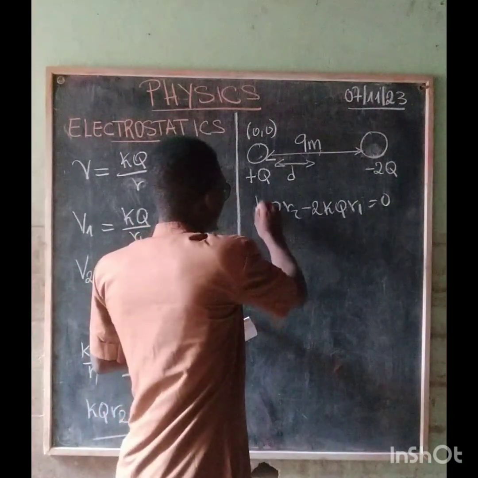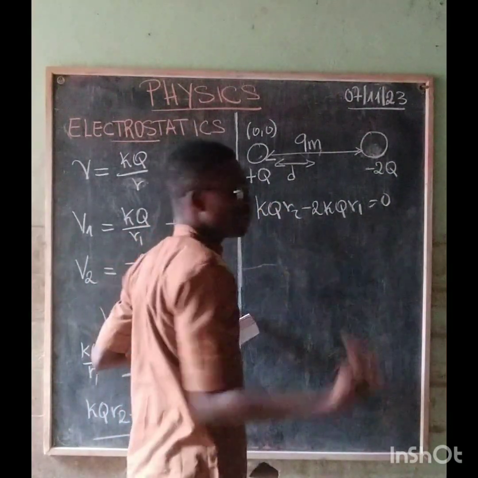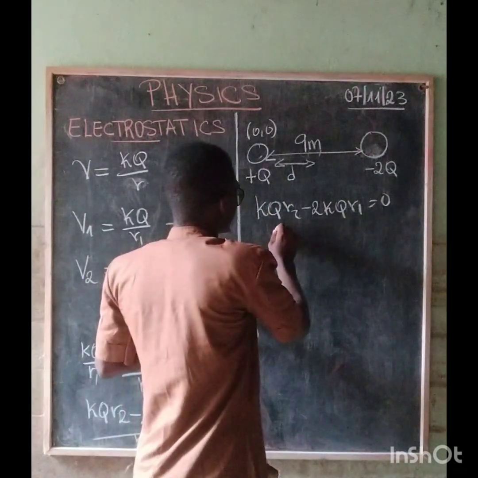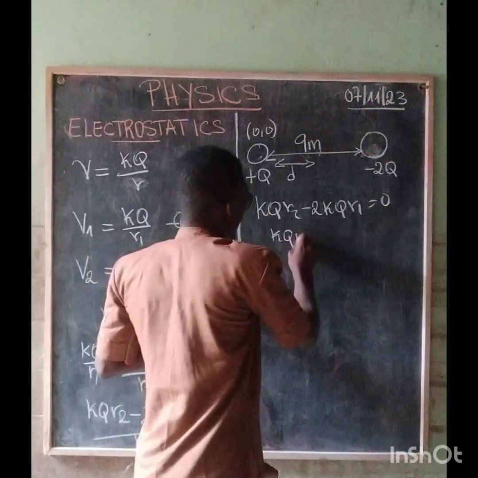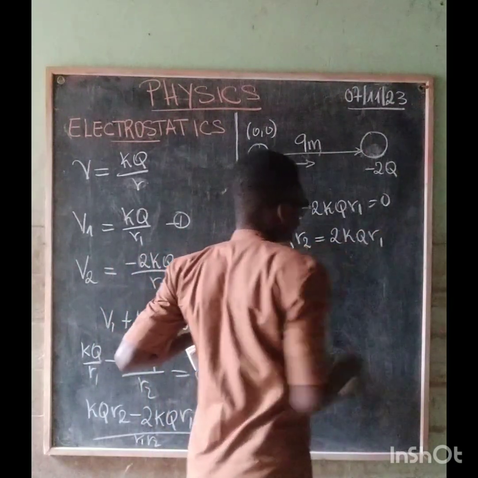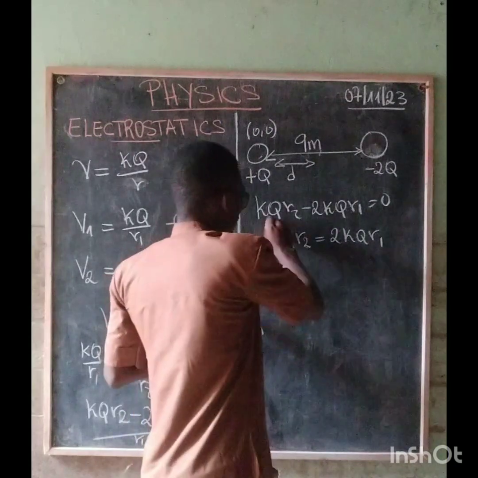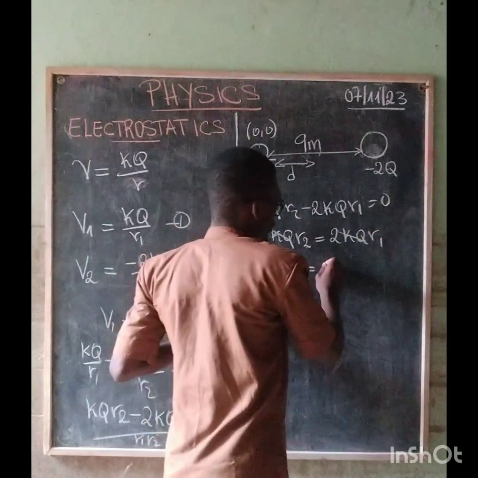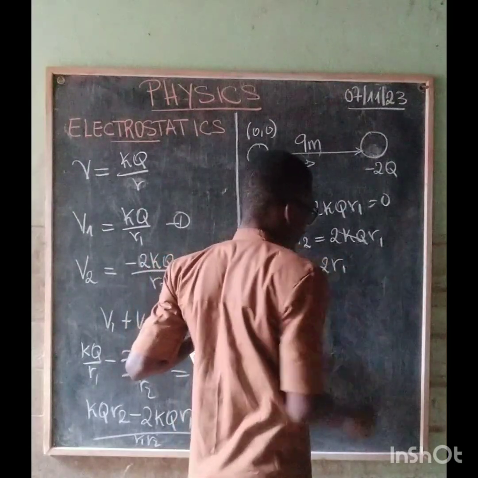So KQ R2 will be equal to 2KQ R1. We simplify by KQ, and we have R2 equal to 2R1.